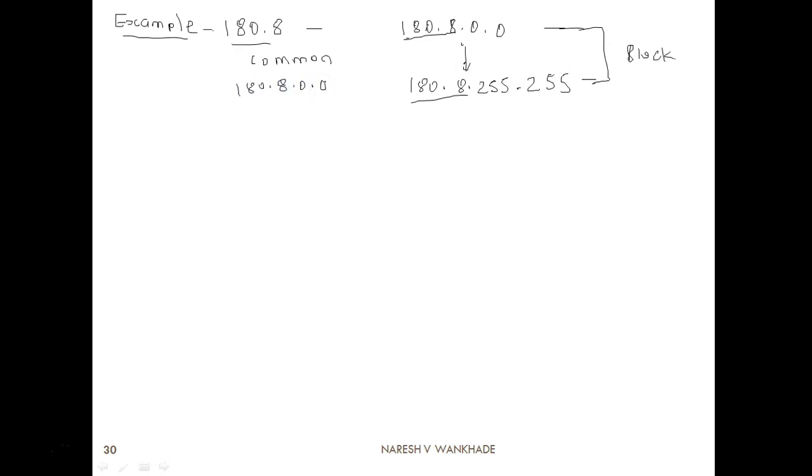Okay, means this 180.8.0.0 is the network address. And what is the first address? 180.8.0.1.